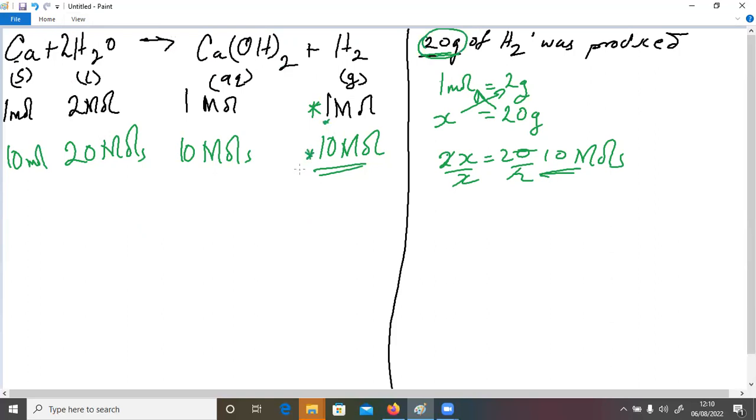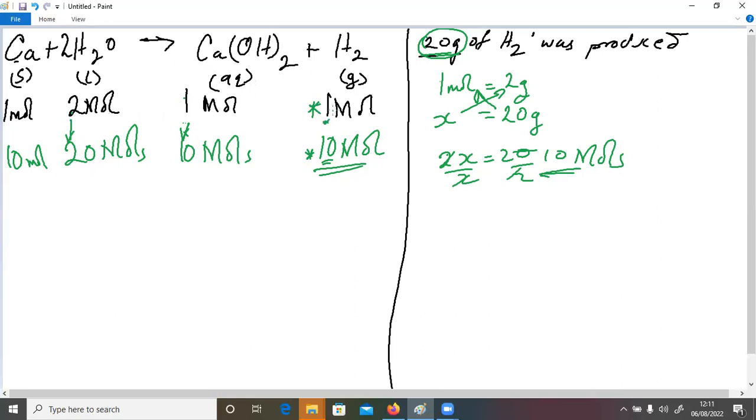Then if in this particular instance I produce 10 moles of hydrogen gas, it means that I must also have produced 10 moles of calcium hydroxide. I'm essentially multiplying each of these molar ratios by 10.